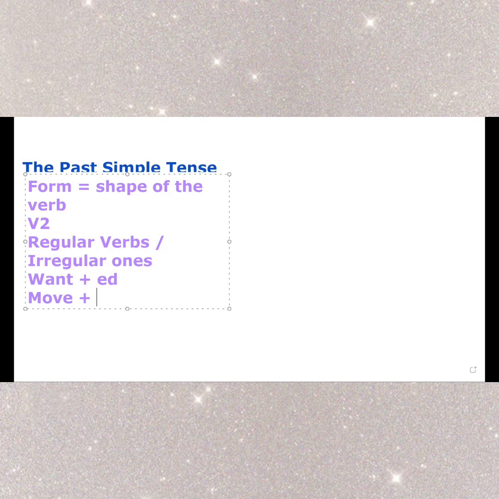We add d to a verb like move ending in e. No, we are not talking about ing, we are talking about the past. Just we add d.